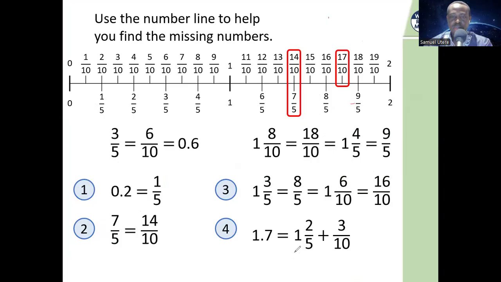So written on the side, 1 2/5 is the same thing as 1 plus 2/5, and 2/5 is the same thing as 4 tenths. So this here is 14 tenths plus 3 tenths, which is 17 tenths. Now 17 tenths is 10 tenths plus 7 tenths, and 7 tenths is 0.7. That's what you see here. So don't let it get you confused, okay?